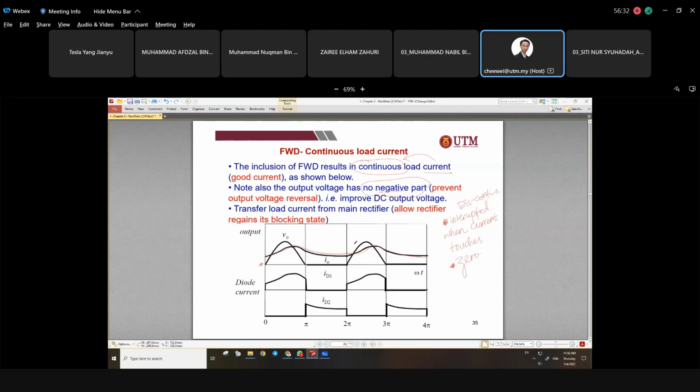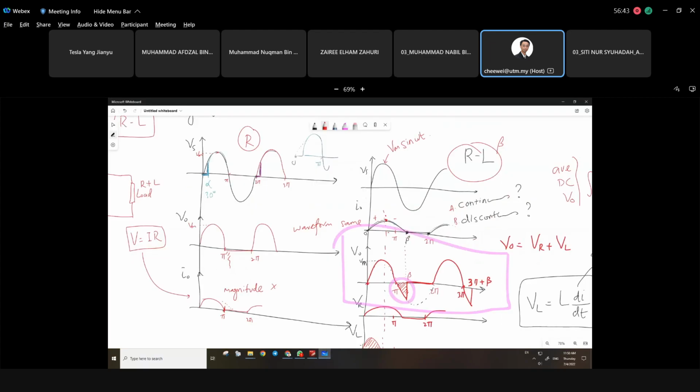So this is known as continuous current. In the previous case, this is known as discontinuous current because the current is touching 0. Once it touches 0, it becomes discontinuous.